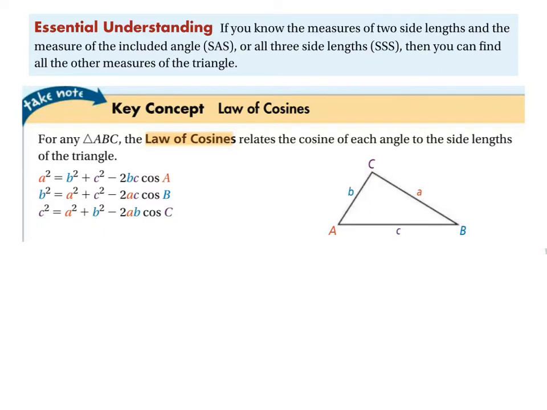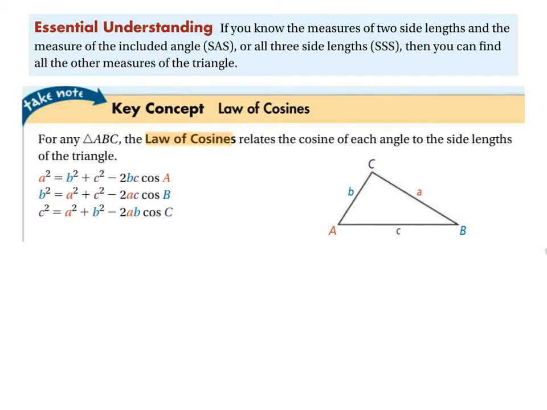Let's say we were doing a squared. It would be the sum of the other two sides squared, b squared plus c squared, and from that, subtract 2 times those two side lengths, times the cosine of the angle that's opposite side a.